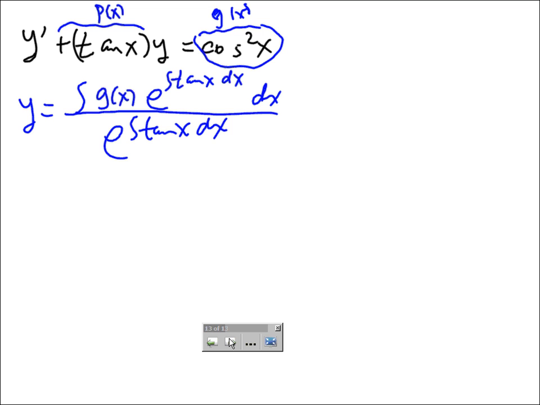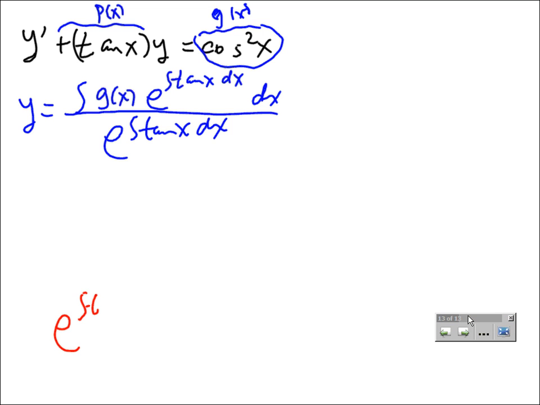Well, the big part is to solve that e to the integral tan x dx. You need to remember that tangent x is sine x over cosine x.